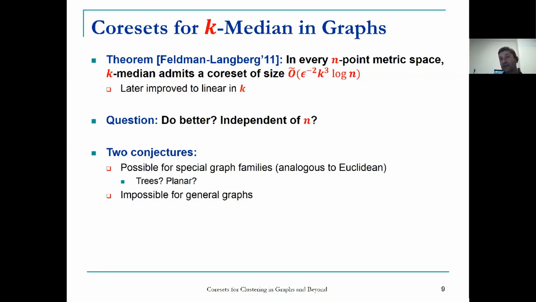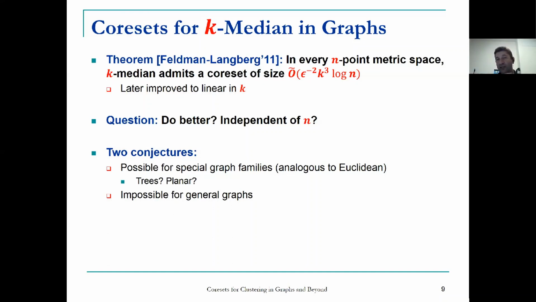The coreset size is something like epsilon to the minus 2 times k cubed times log n. Remember, log n really depends on the input metric space. So if the metric space is really large, it comes into the size of the coreset here. So this is an interesting aspect. You really need this dependence on n.